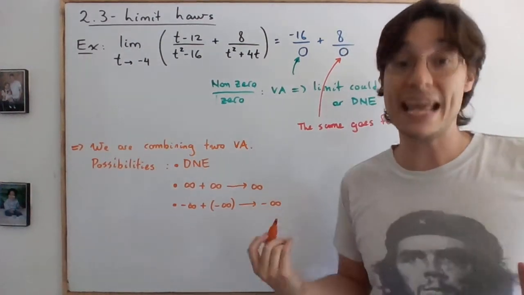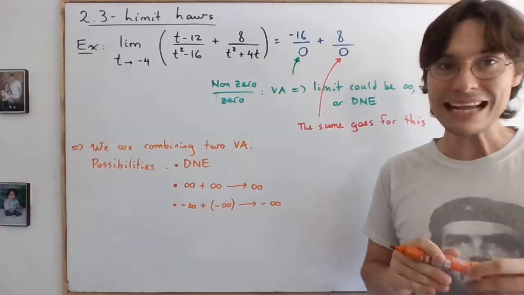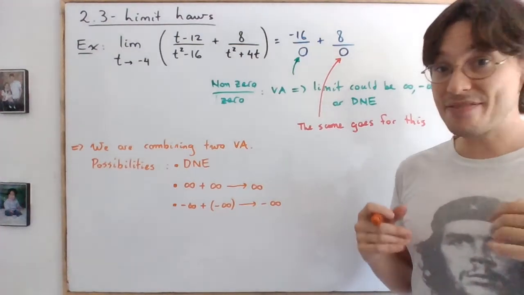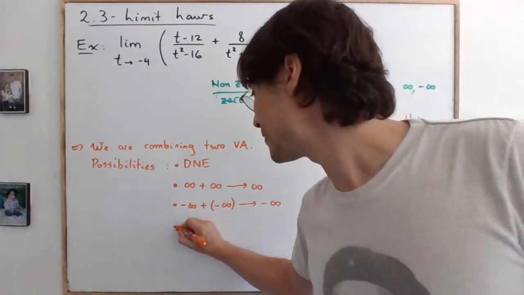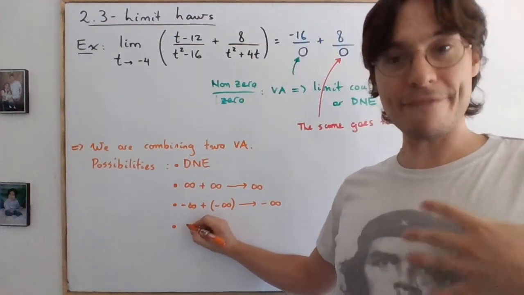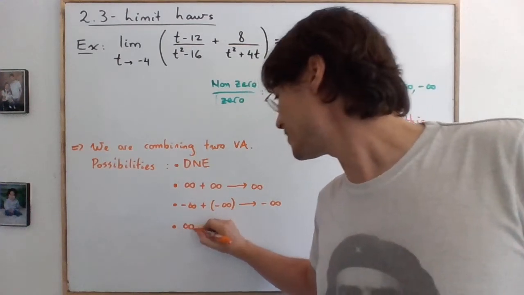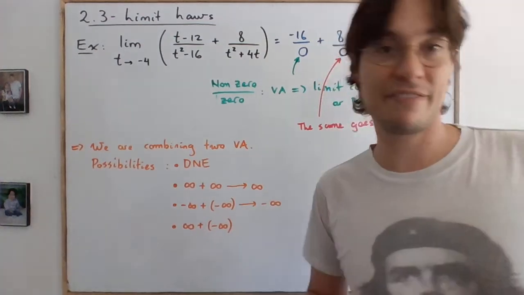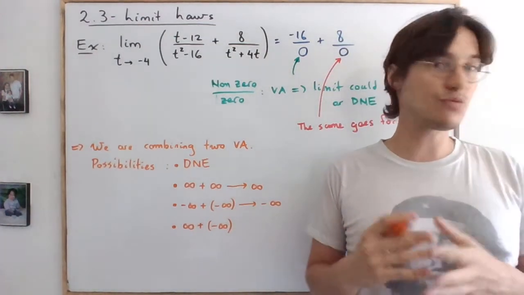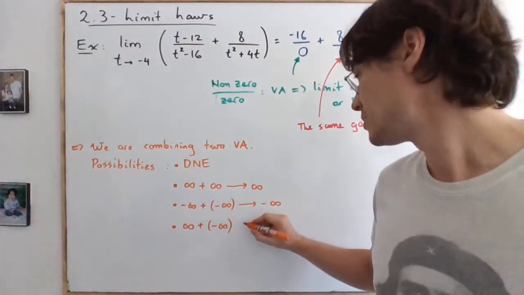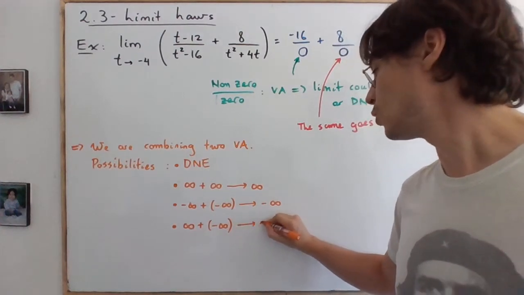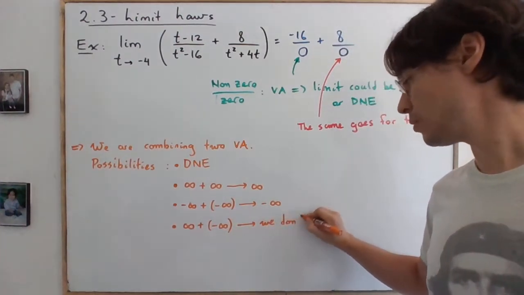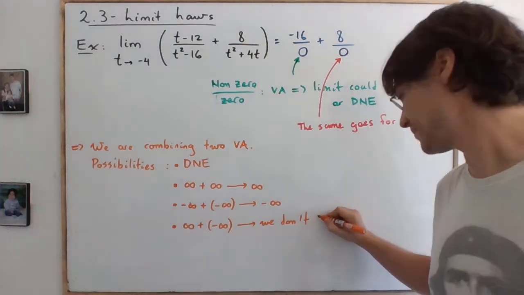The tricky part, and this is also what could happen: let's say, for example, the first is going to infinity and the second is going to negative infinity. Then in this case, we don't know, at least at first glance.